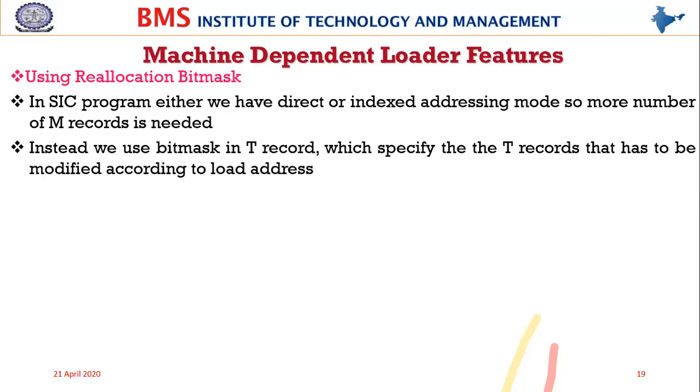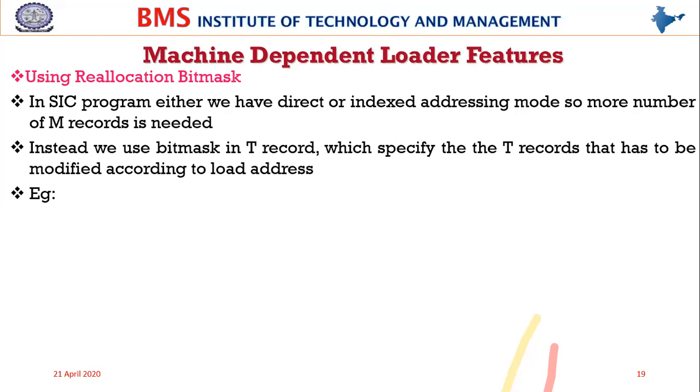So in the text record itself, we specify a relocation bit mask, right? And this bit mask specifies which of the text records written need to be modified according to the load address. So an easy and simple solution.